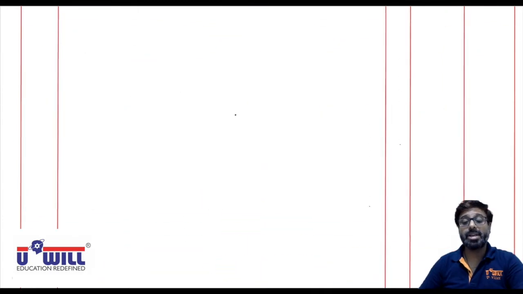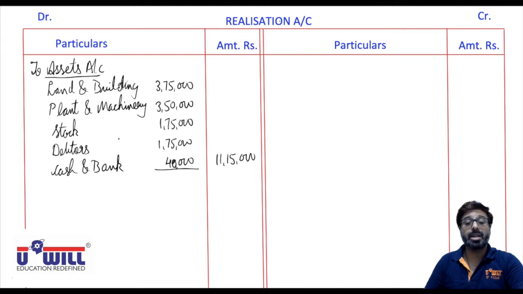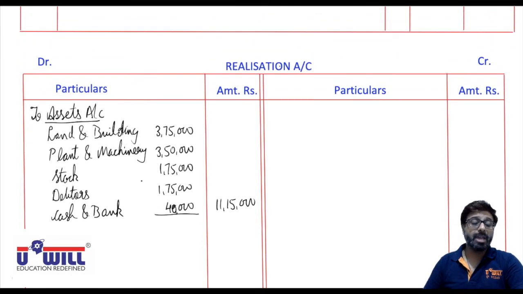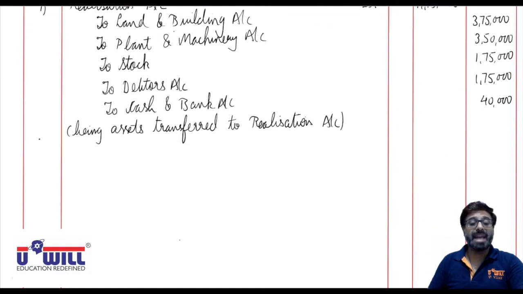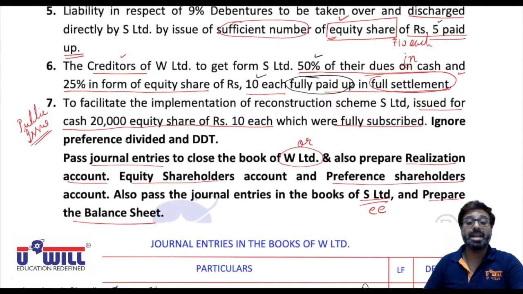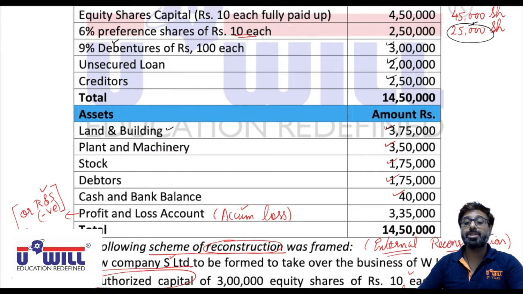Now, the second entry is to close liabilities. Only the single effect of the first entry, because the other effect is that all the accounts get closed. Also, we are not making the cash and bank account. Now, the second entry is to close the liabilities. Liabilities account debit to realization. Three liabilities are there. So 9% debentures account debit 3 lakhs. Unsecured loan account debit 2 lakhs.